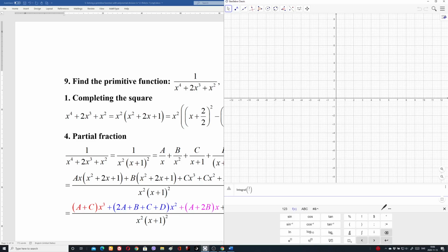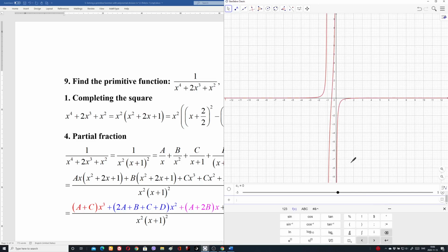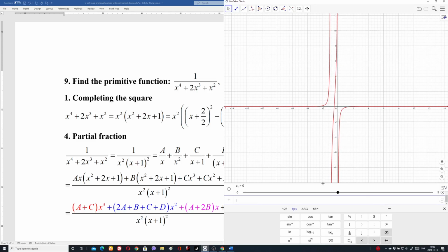And 1 divided by, inside parentheses, I will put x power 4 plus 2x power 3 plus x power 2, enter. Let me see what GeoGebra shows now.